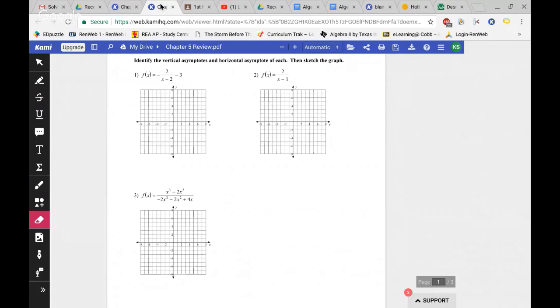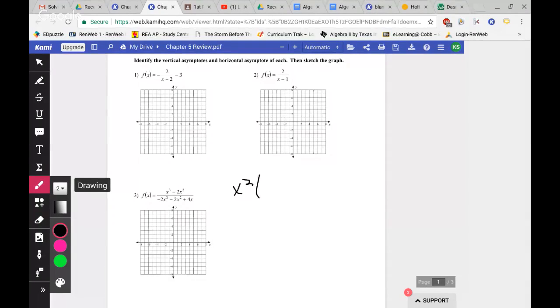When I'm looking at number 3, I'll be factoring out at the top an x squared, x minus 2. That's what that would look like factored.